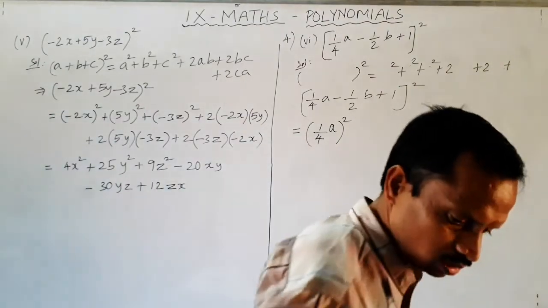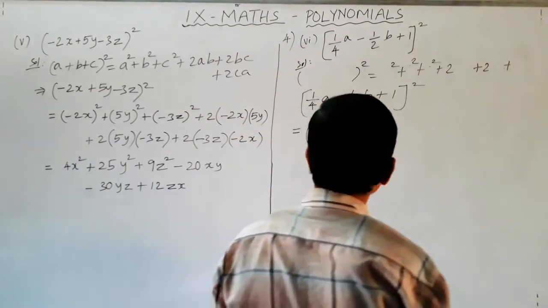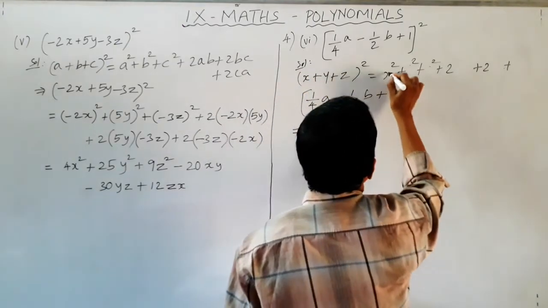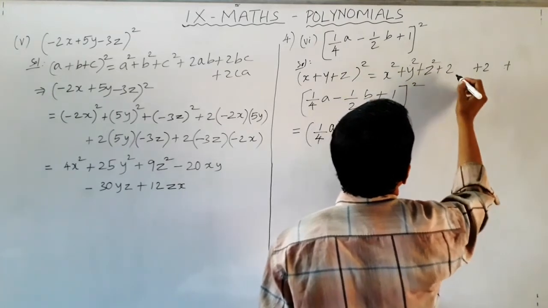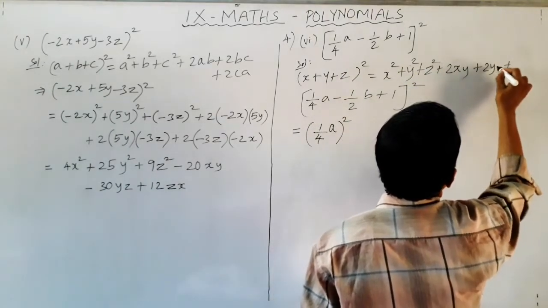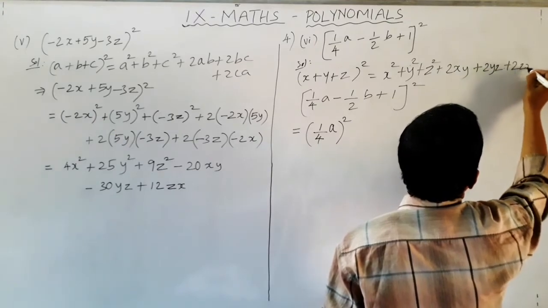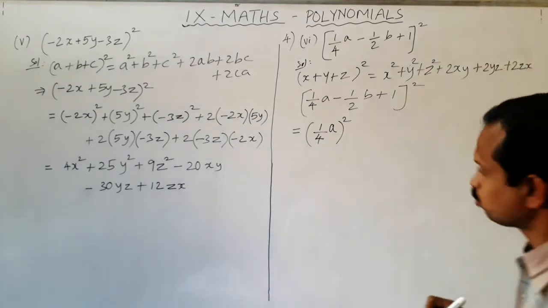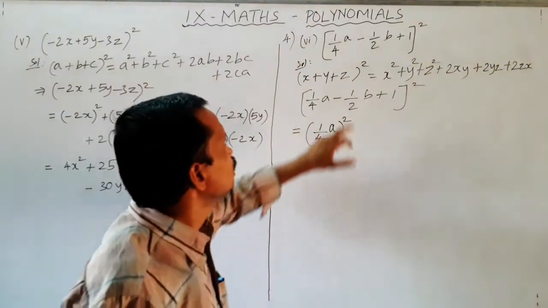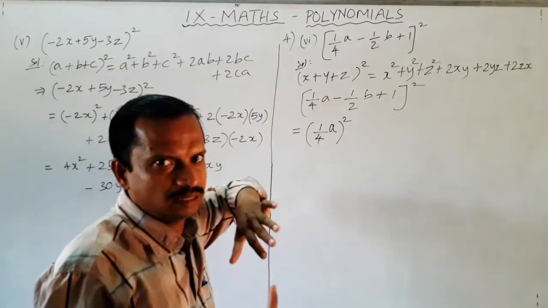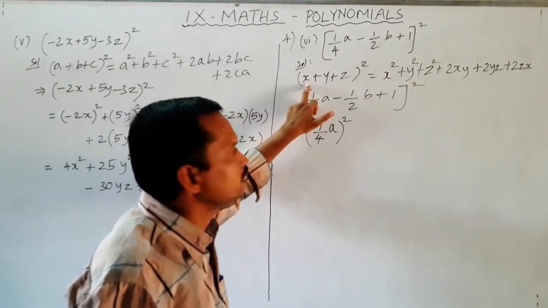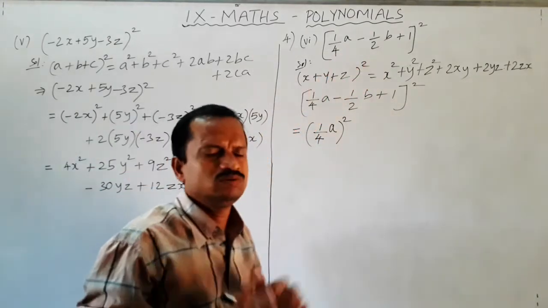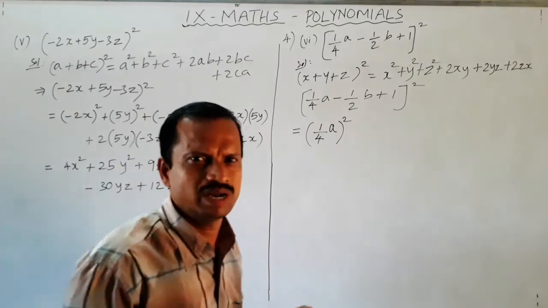Before starting, x plus y plus z is x square, y square, z square, 2xy, 2yz and 2zx. I told you, if the question is in a, b, then you write the identity as x, y, z. If x, y, z is given, you take a, b, c to avoid confusion. That's all. The variable is not a matter.